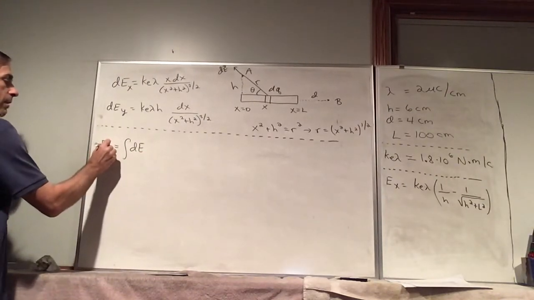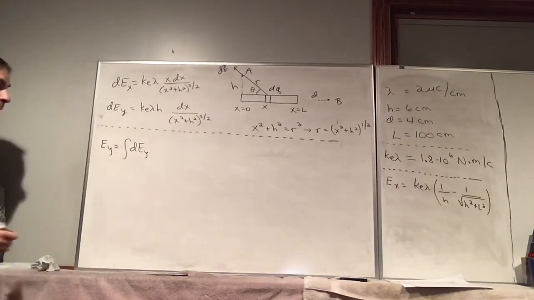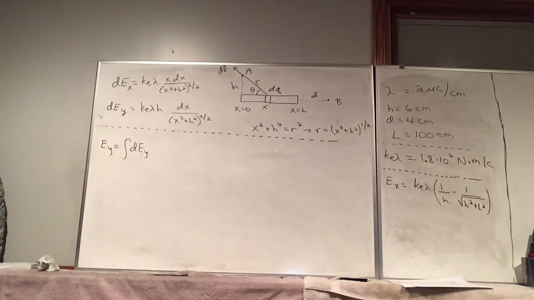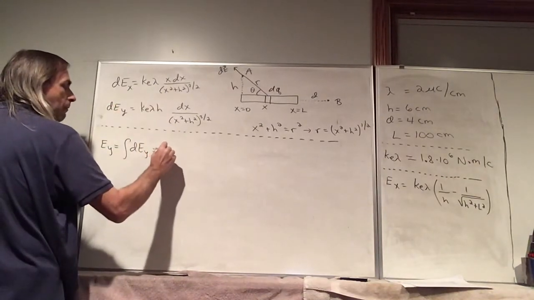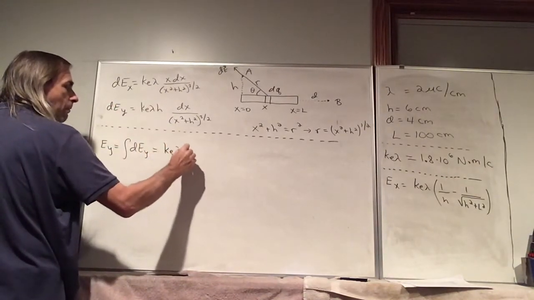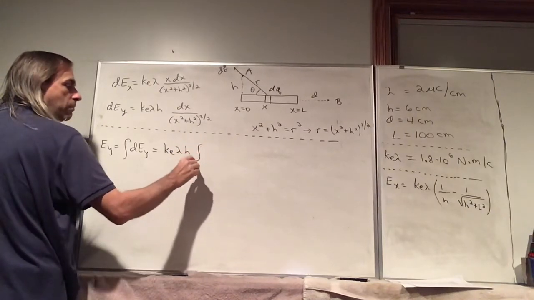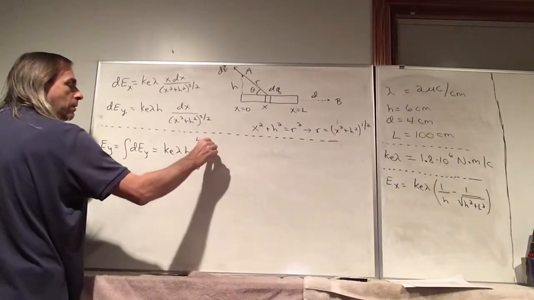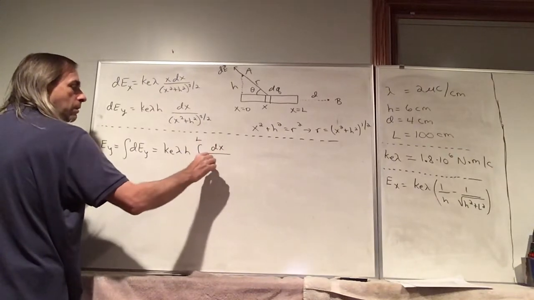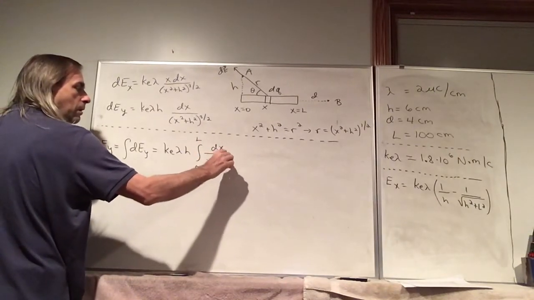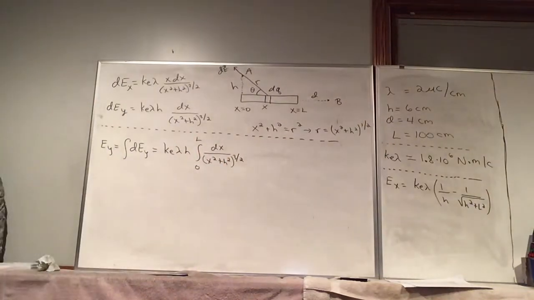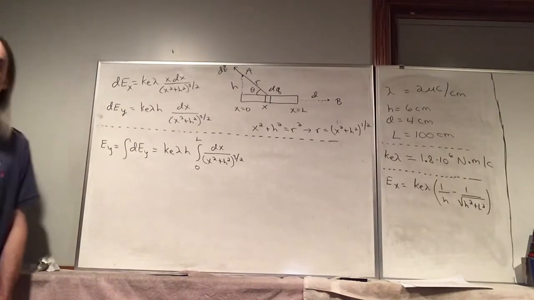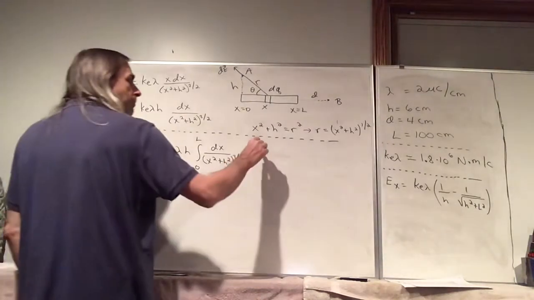So for y, we have the integral of dEy. And again, this is a constant. So we have the integral from 0 to L. Now, just like before, we can't make a U-substitution here, so we're going to have to make a different substitution.